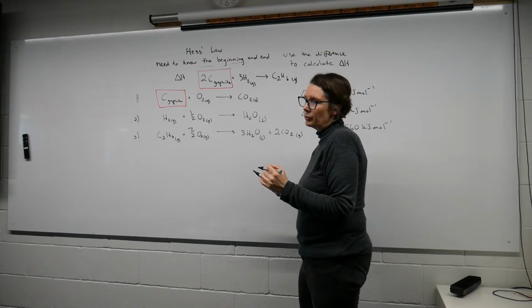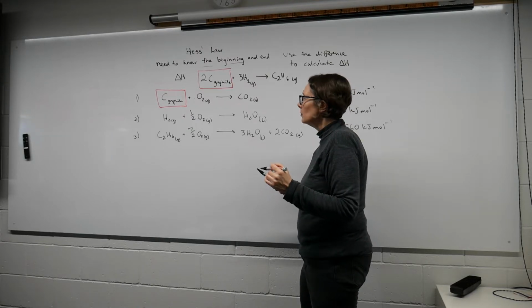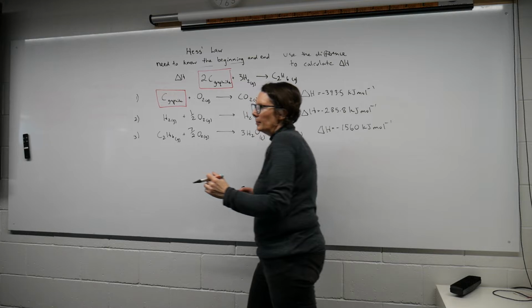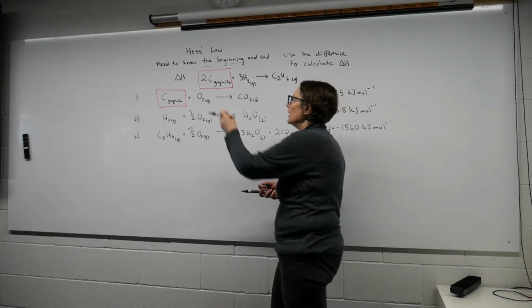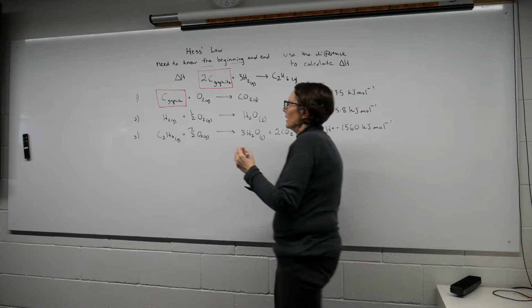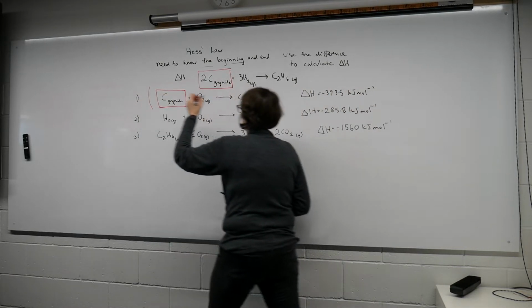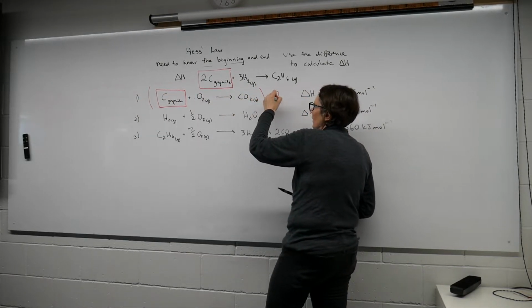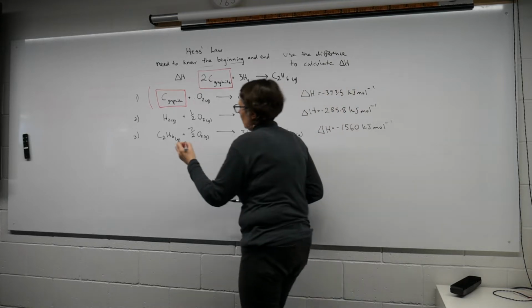It's not identical though, is it? At the moment, I've only got 1 carbon in my given equation and I need 2 for this equation. So I'm going to start out by trying multiplying this equation by 2.